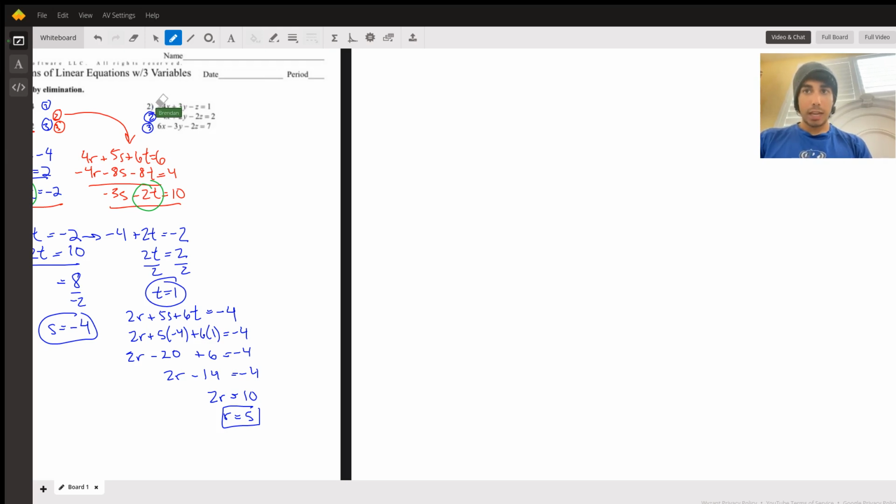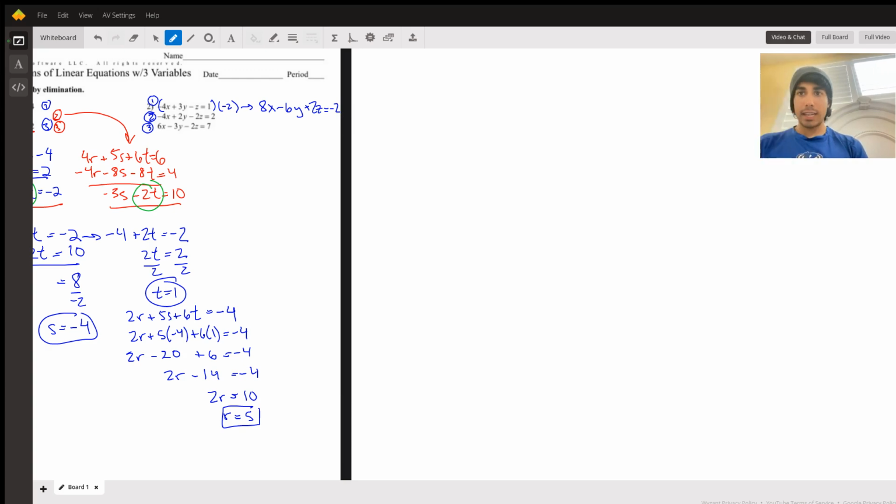Well, we're going to multiply the whole thing on both sides by negative 2. So I'm multiplying this whole equation by negative 2. So that's going to give me a plus 8x, a minus 6y, a plus 2z, and then equals negative 2. All right, I multiplied the entirety of equation 1 by negative 2.